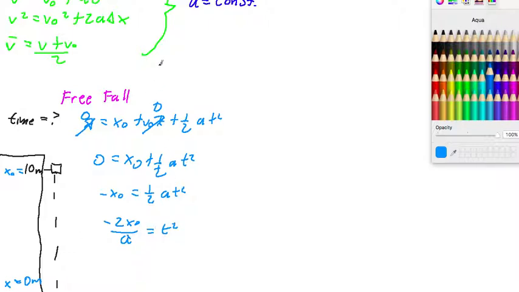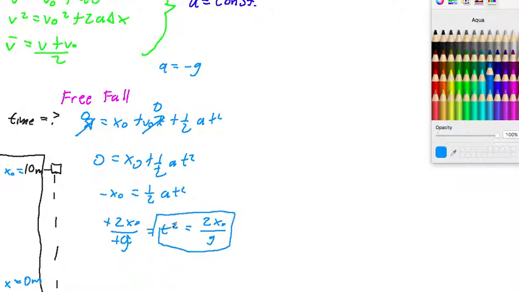Remember we said on Earth, a is always equal to negative g, because g is always acting on any object, and the negative because it's going downward. So now we're going to say negative g, so the negatives cancel out, and you end up having 2 x naught over g equals time squared.